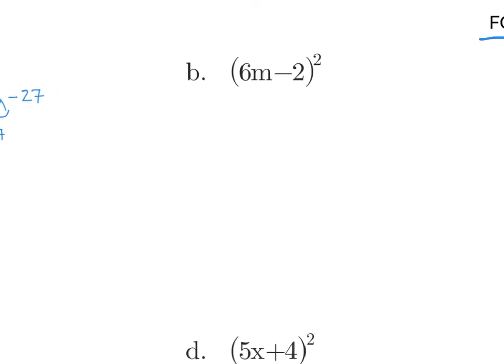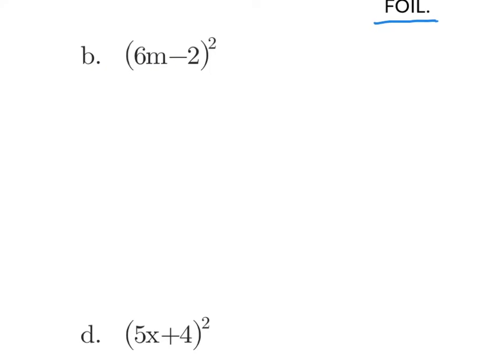Okay, for example B, we do not distribute the square. Remember that when we square a binomial, we want to start by rewriting in expanded form. This is 6m minus 2 times 6m minus 2. So now I have it set up so that we can go ahead and FOIL. So we get 6m times 6m is 36m squared.